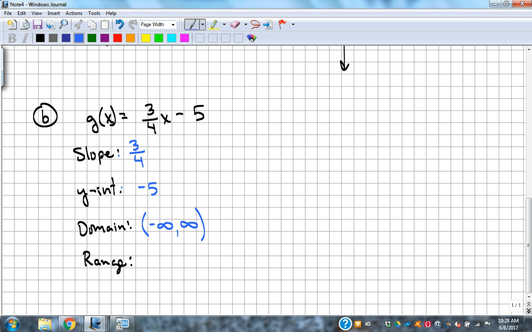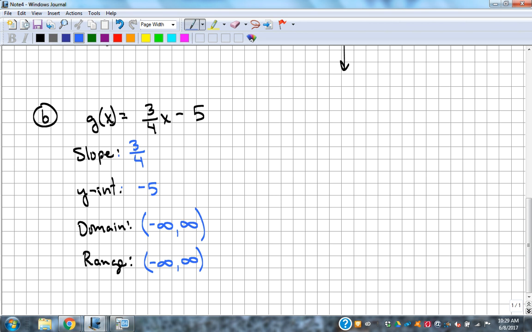The range is also that. If it's in slope-intercept form, which is what these equations are in, then the domain and range are going to be that. We're going to see some that are not in this form where the domain and range may change some.